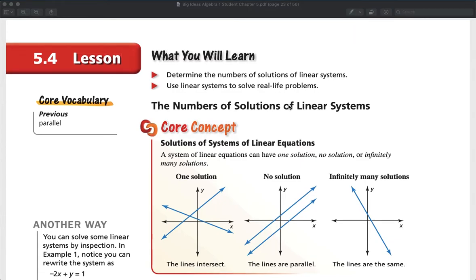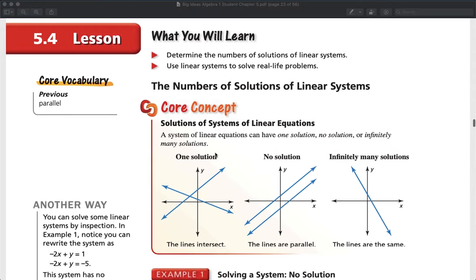So today we're going to be learning about solving a system of linear equations that are special, right? These are very specific types of linear equations, and you have to be able to identify them and tell whether you're going to have one solution, where you only have an ordered pair, one point where they meet, or no solution, right?